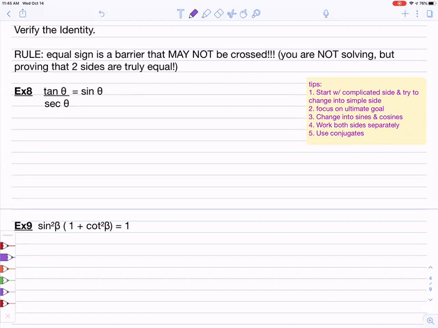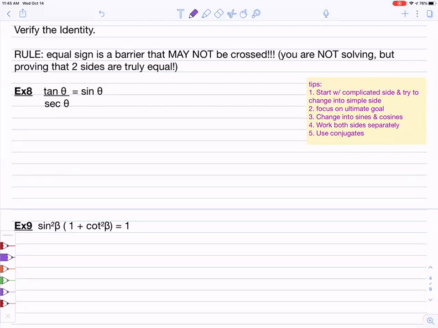I'm never going to lie to you about that equal sign. So you can't just look at number 8 and say, well, Ms. Roberts, there's an equal sign there, so of course they're equal. Yes, that's a true statement. But you must show me that the left truly equals the right. And I've got to be able to understand what you're showing me. So that's where the proving comes in.